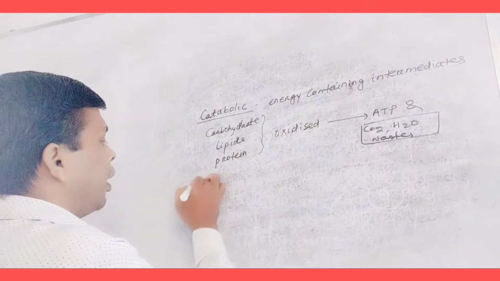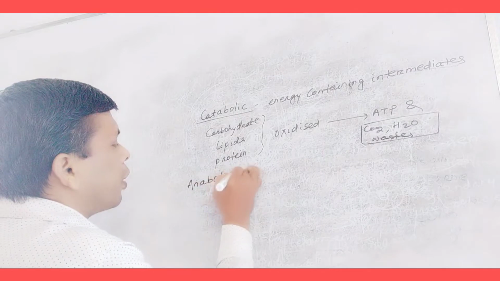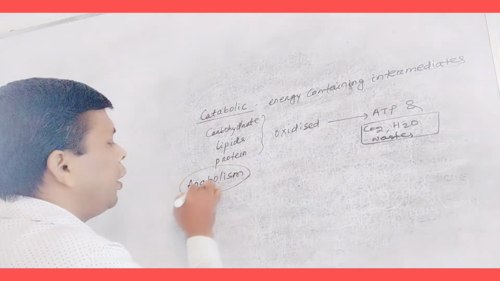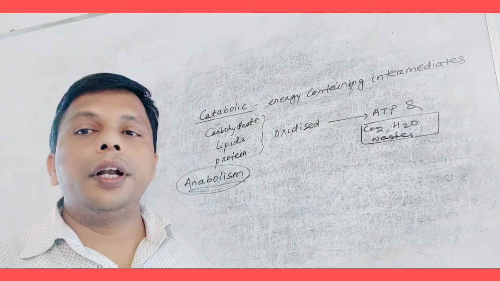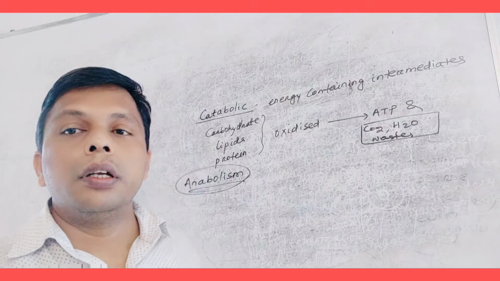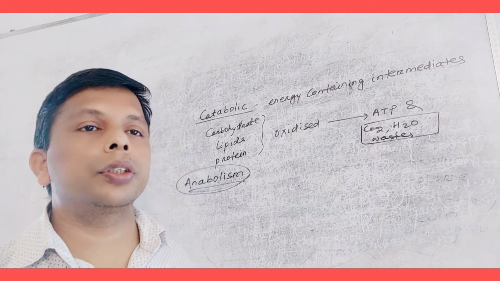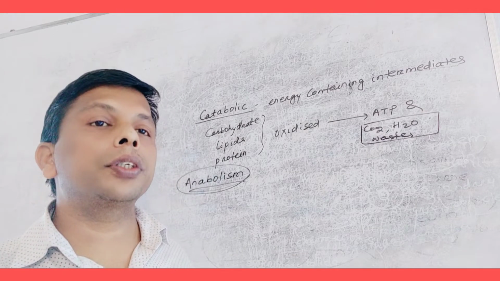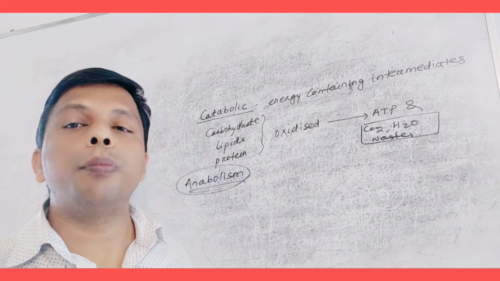What happens in anabolism? In anabolism, what happens during this process? During this process, the precursors. What are the precursors? Amino acids, glucose, fatty acids.